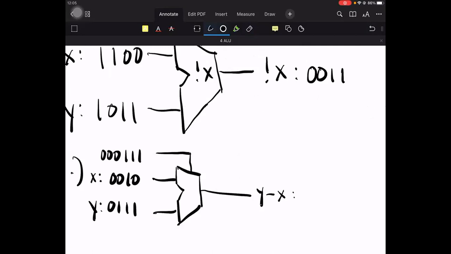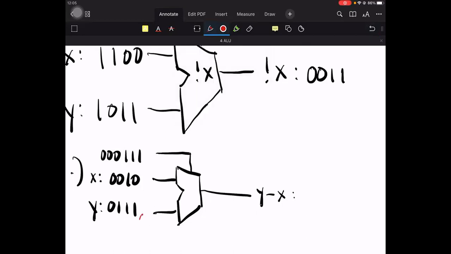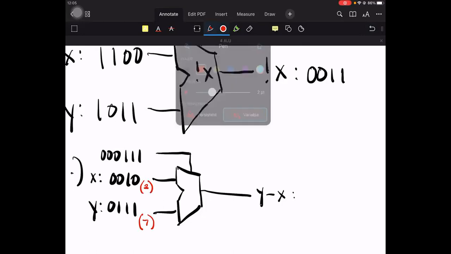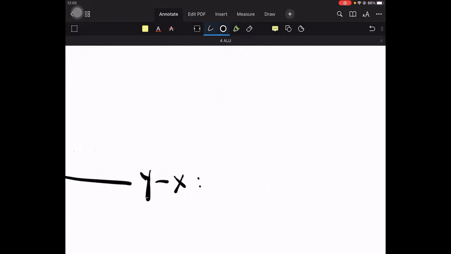This is 7, right? This is 7. This one, 0, 0, 1, 0, is 2. So subtracting, 7 minus 2 is 5. What is 5? 0, 1, 0, 1.